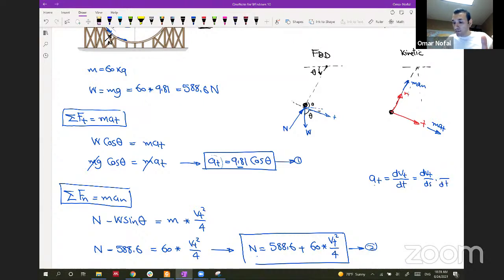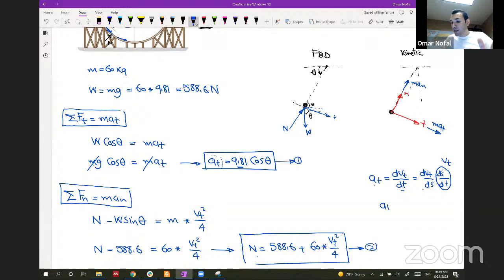If you take them together, it ends up with dv dt. ds dt is the time rate of change of position, which is vt itself.